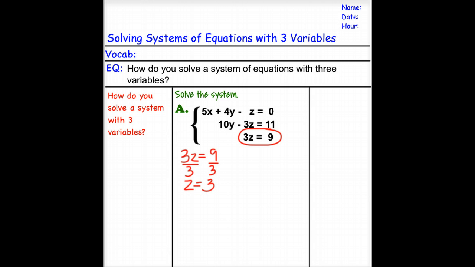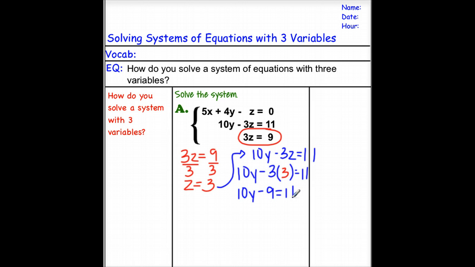I will then take that and head over to the 10y minus 3z equal to 11, because I can now substitute in my z equal to 3 to get 10y minus 3 times 3 equal to 11, which is 10y minus 9 equal to 11.